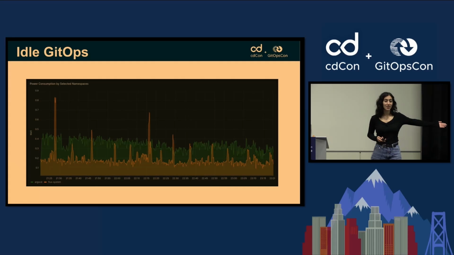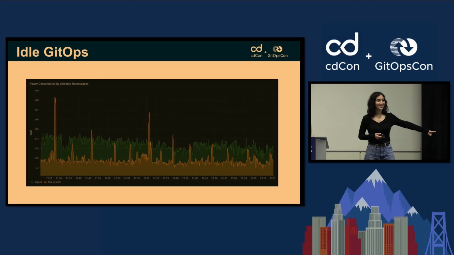Idle GitOps, dashboard number 1. Over 2 hours, we can see the Flux system namespace and the Argo CD namespace without anything to reconcile, so just idle. We can see that Argo CD is consuming slightly more energy at a base level, and that Flux has some spikes.